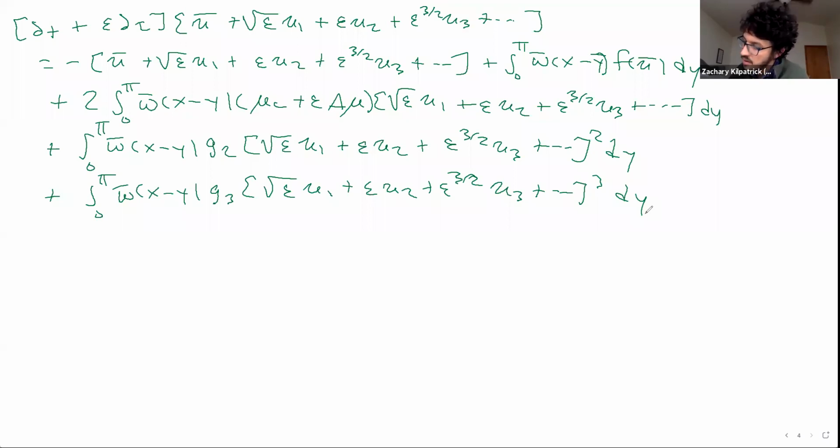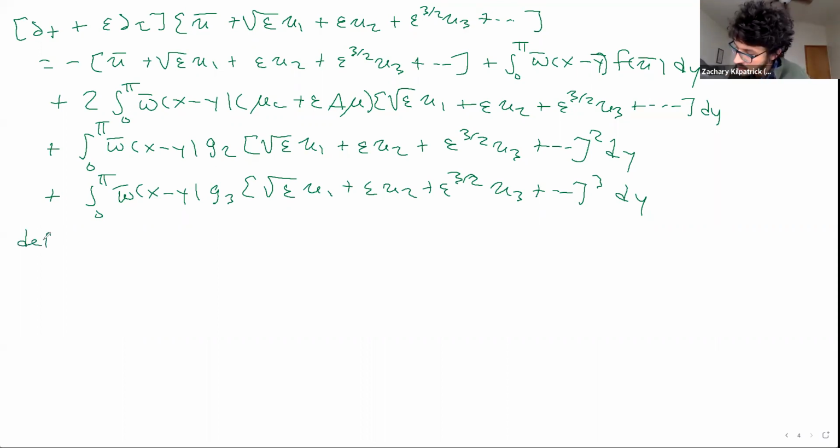Okay. Now, this G2 and this G3, right? They're just going to depend on the particular form of our sigmoid function, so they're going to depend on eta and kappa, right? So we assume we can get that form. Okay, we won't worry about defining that.